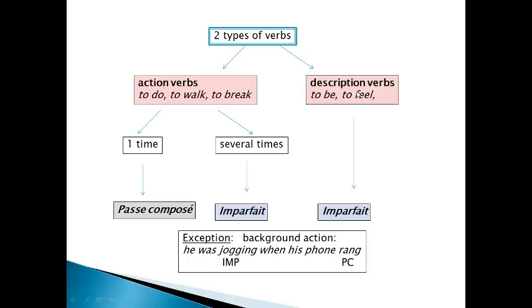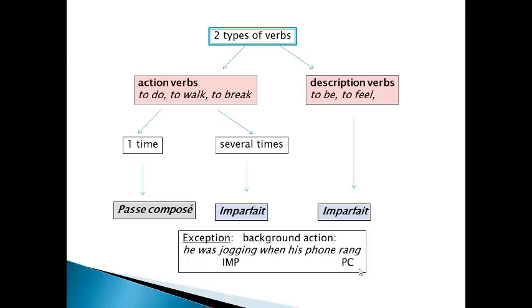And for description verbs, you're going to use the imparfait. This rule is true, except for that one case, which is I was jogging, or he was jogging when his phone rang. He was jogging is background info, and when his phone rang is foreground. That's why it's imparfait and passé composé. But anyway, that can help you decide which verb is imparfait, passé composé.